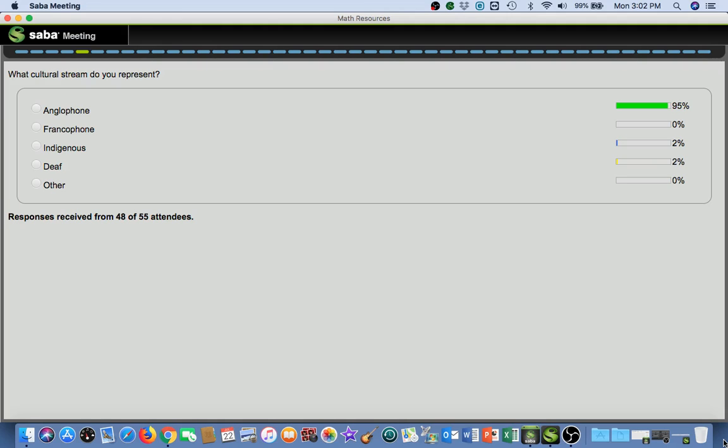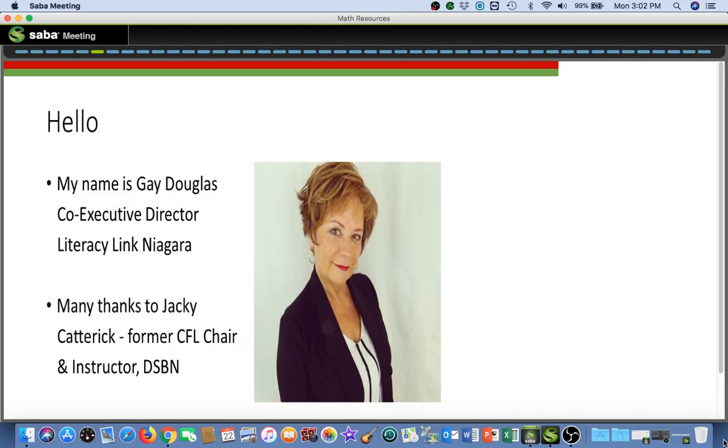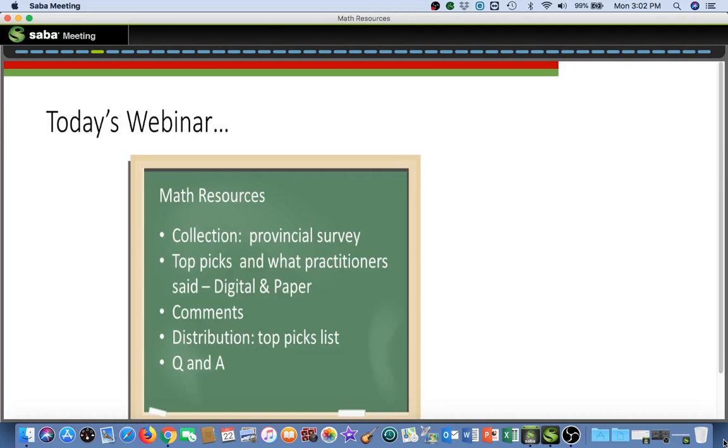Probably no surprise that the bulk of people are from the Anglophone sector. Thanks very much. That's helpful information for us to know, even as part of our evaluation in terms of who we're reaching. Our numbers are up to 57, and I'm sure others will join us as this goes on.